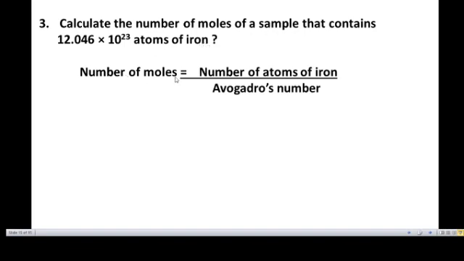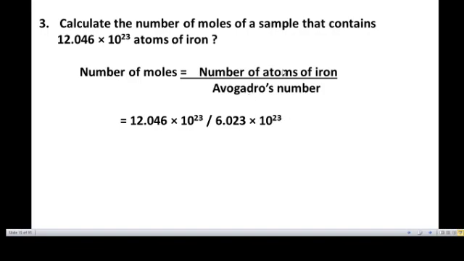This is based on Avogadro's value. Number of moles is equal to number of atoms of iron, that is the given value, 12.046 into 10 to the power of 23, by Avogadro's number. What is Avogadro's value? 6.023 into 10 to the power of 23.